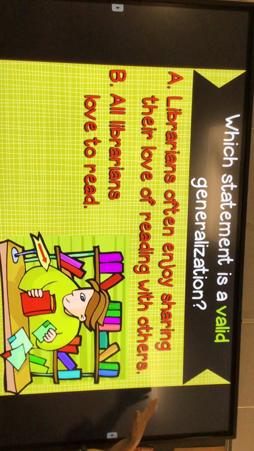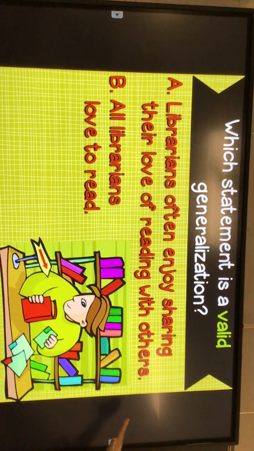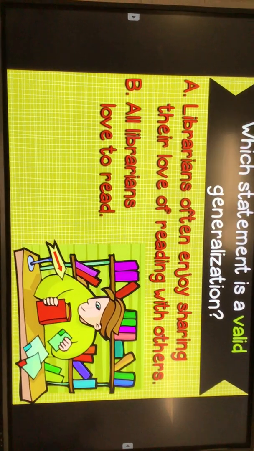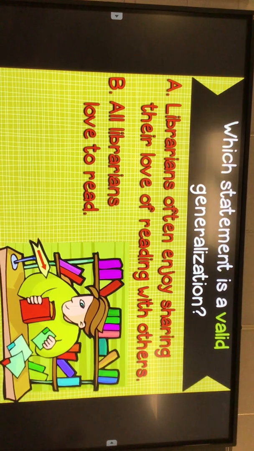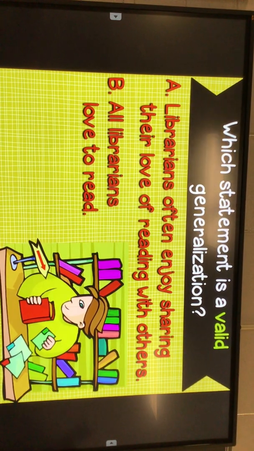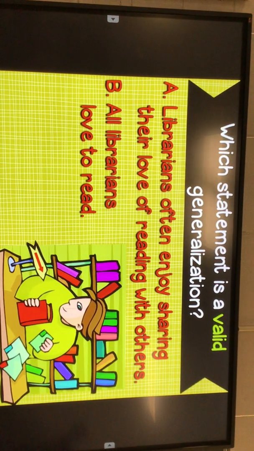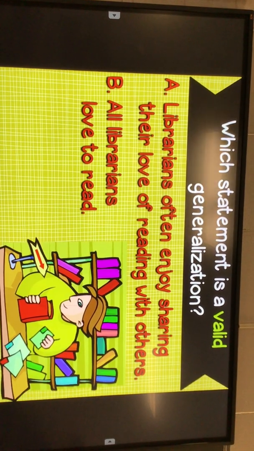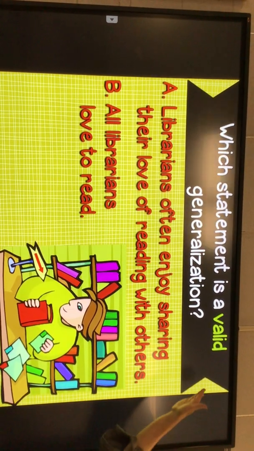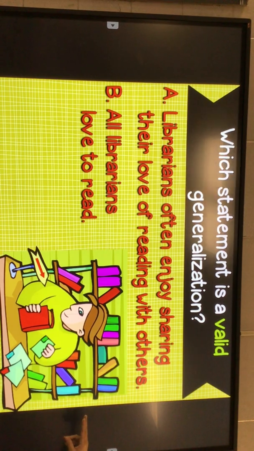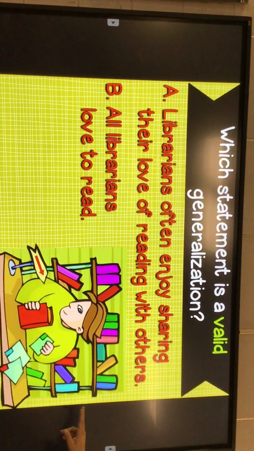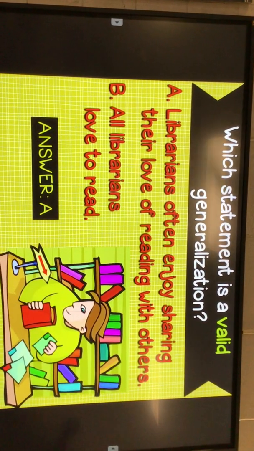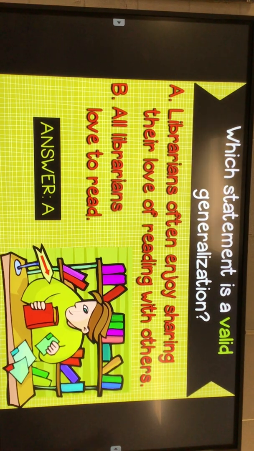Now, which statement is a valid generalization? A, librarians often enjoy sharing their love of reading with others. Or is it B, all librarians love to read? A or B? Think about this. We're looking for a valid generalization. All right, guys, it is A. Now, why do we know?